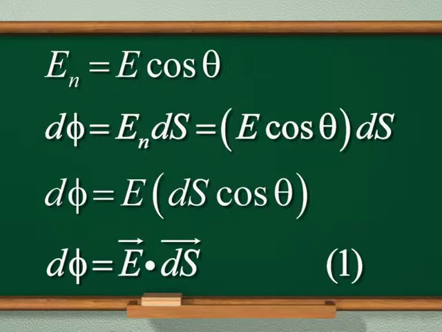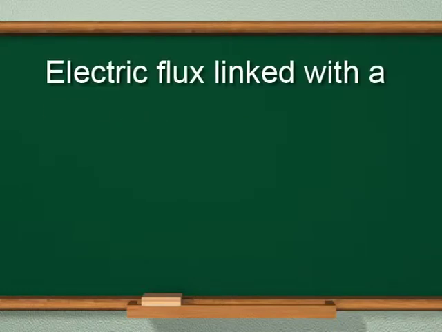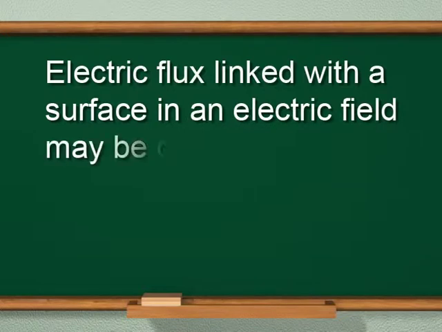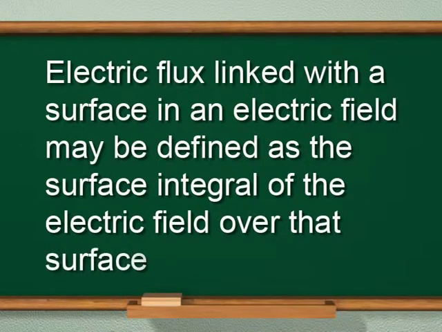The electric flux through the whole surface S can be found by integrating equation 1 over the whole surface S. Therefore, total electric flux through the surface S is given by phi equal to integration of vector E dot vector dS over the surface S, which is equal to integration of En into dS over the surface S. Thus, electric flux linked with a surface in an electric field may be defined as the surface integral of the electric field over that surface.